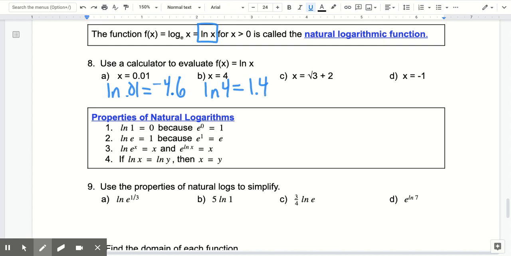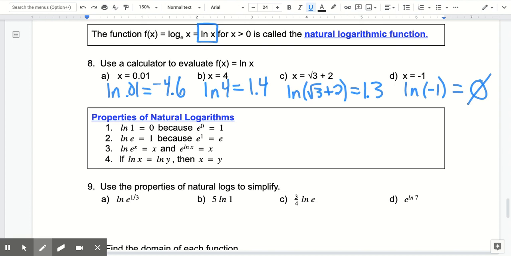Then we're going to do the natural log of the square root of 3 plus 2. So the natural log of that is 1.3. On this last one, if you put natural log of -1 in your calculator, it is going to tell you domain error because you can't take the natural log of a negative number.